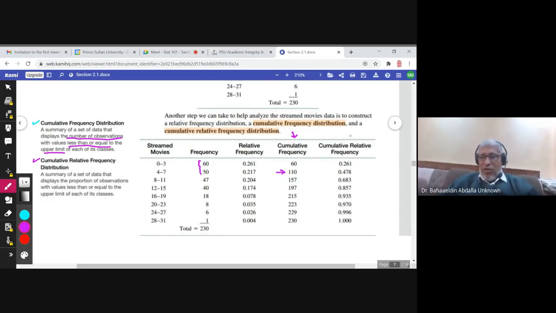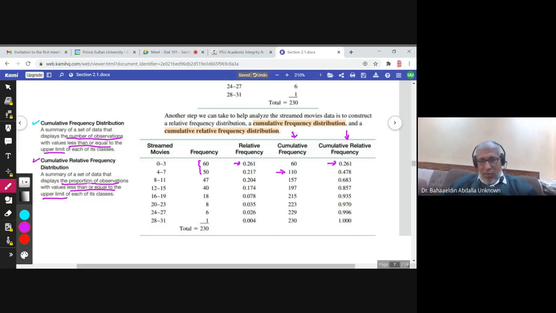Similarly, we can talk about cumulative relative frequency. The first number should be the first number in the relative frequency. Here, we don't have numbers, we have proportions. So the definition would be the proportion of observations with values less than or equal to the upper limit of each class.